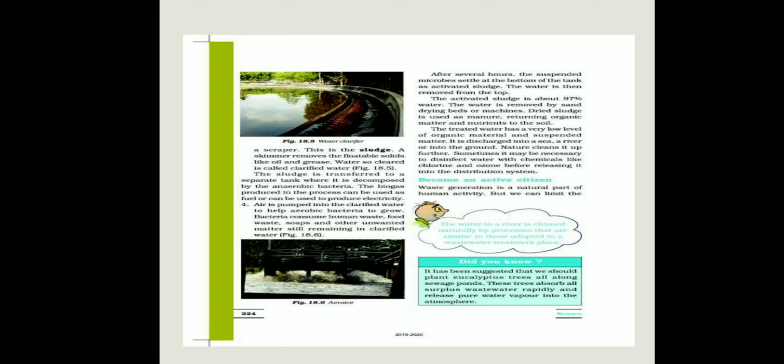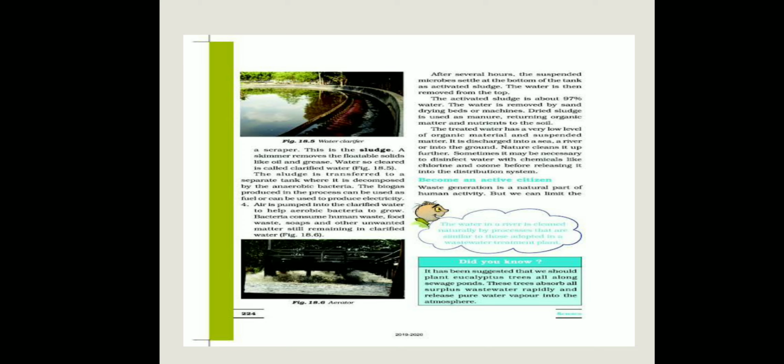The fourth step, air is pumped into clarified water to help aerobic bacteria to grow. So if we pump air into clarified water, aerobic bacteria are allowed to grow. And these bacteria consume human waste, food waste, soap and other unwanted matter still remaining in the clarified water.